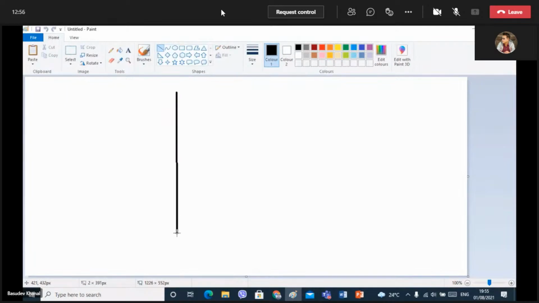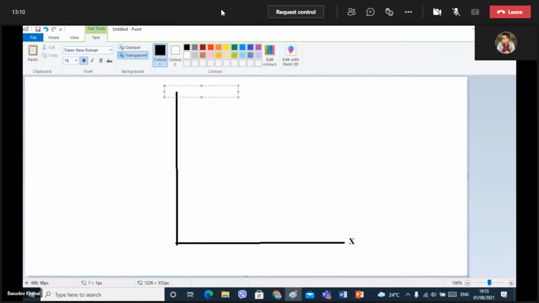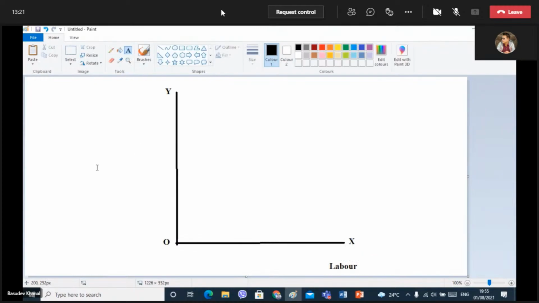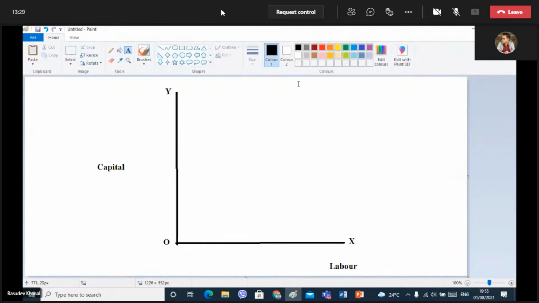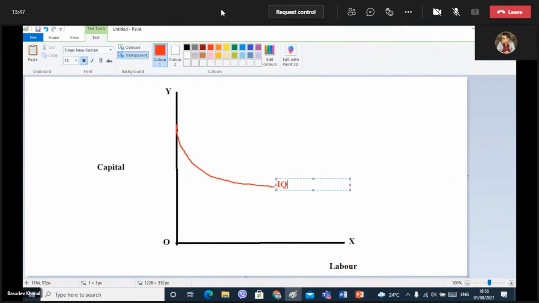Let's draw one diagram. This is the y-axis, x-axis, this is O. And let's draw one isoquant touching, let's say, this is one isoquant.